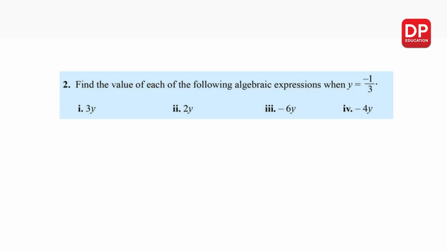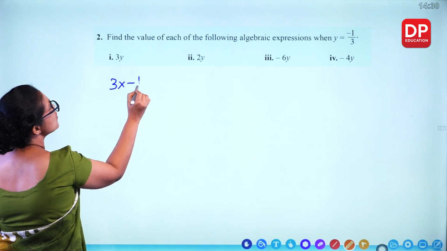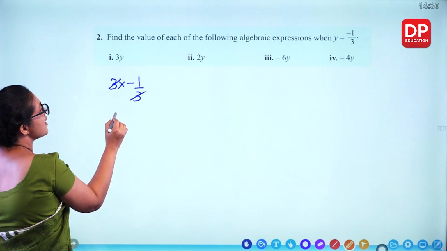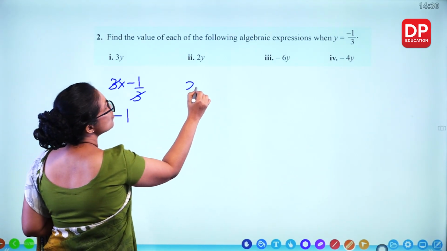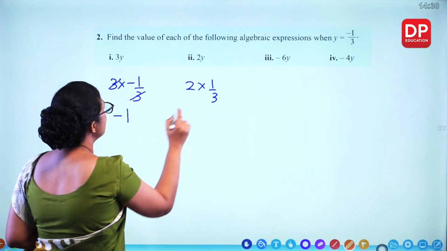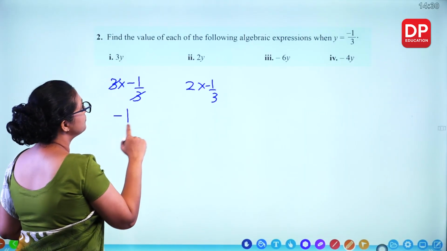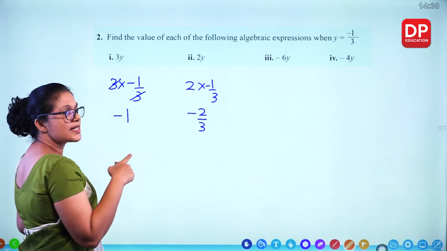Find the value of each of the following algebraic expressions when y equals minus 1/3. 3 times minus 1/3. 3 get cancelled out, you get minus 1. 2 times 1/3. Minus 1/3. You get minus 2/3. 2 times minus 1, minus 2.